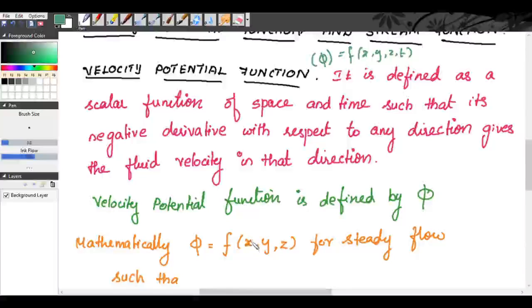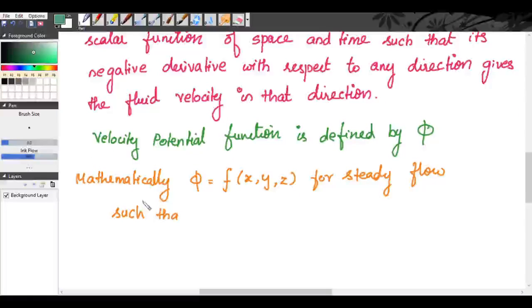So velocity potential function is defined by pi and mathematically it is expressed as pi is equal to a function f of x, y, z for a steady flow. Such that its negative derivative will give you the velocity components in that direction. So we know velocity components are u, v and w.